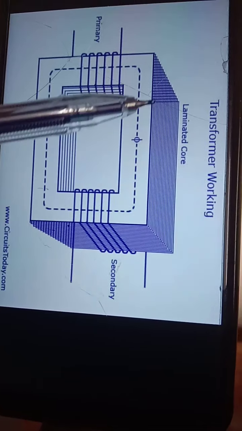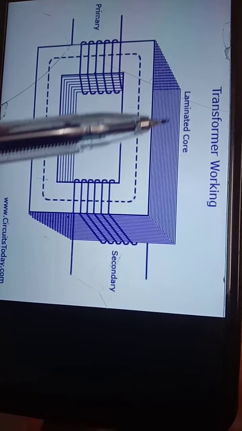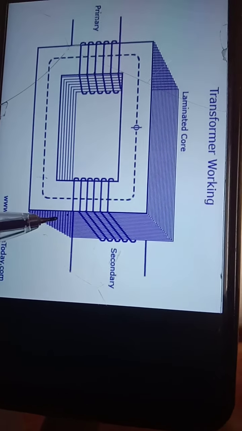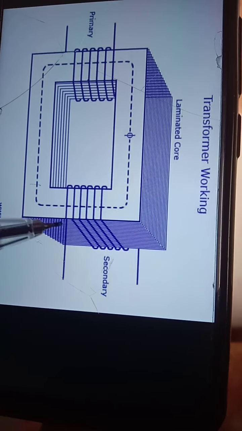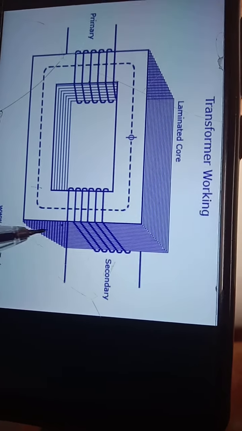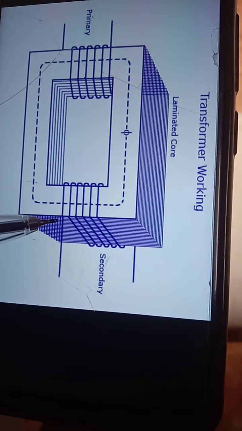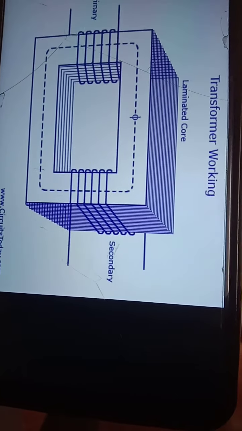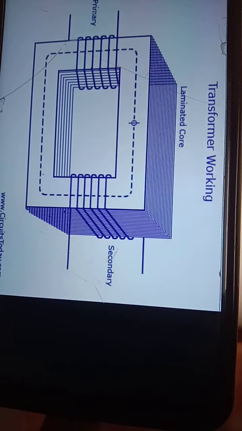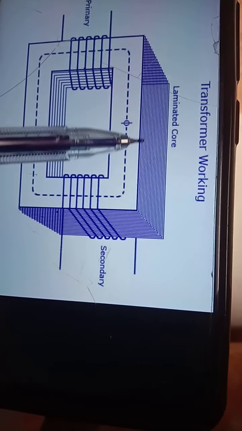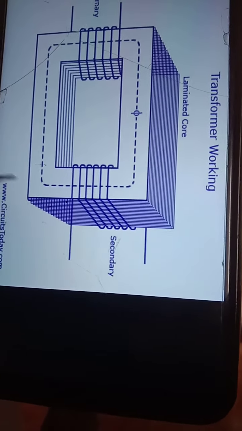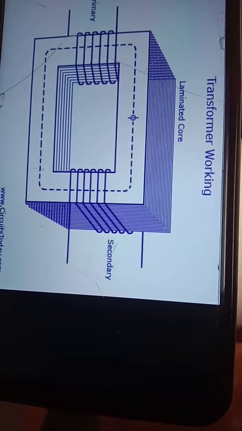That heat leads to wastage of energy. Understood? That wastage of energy produced because of the eddy currents in this laminated core is called what?